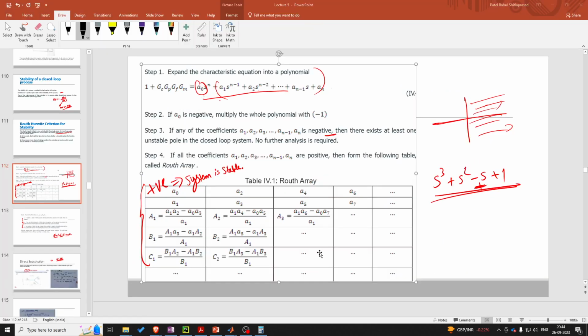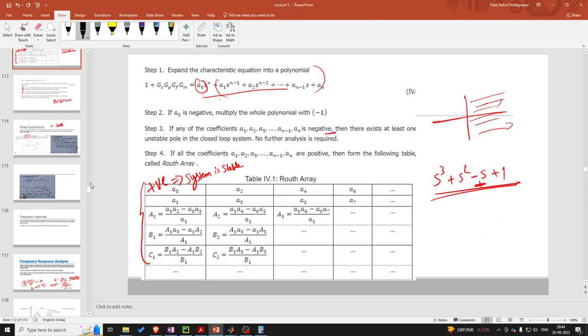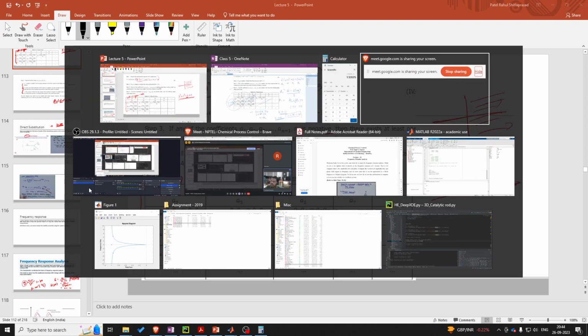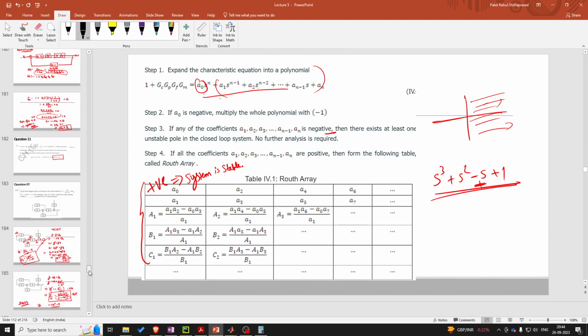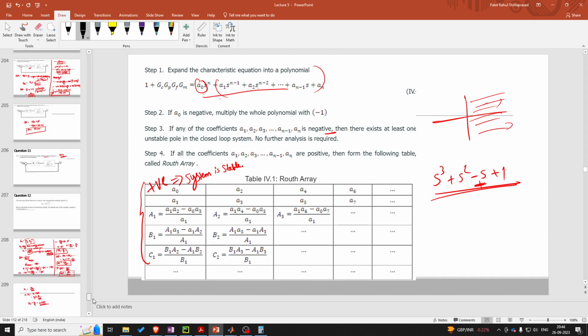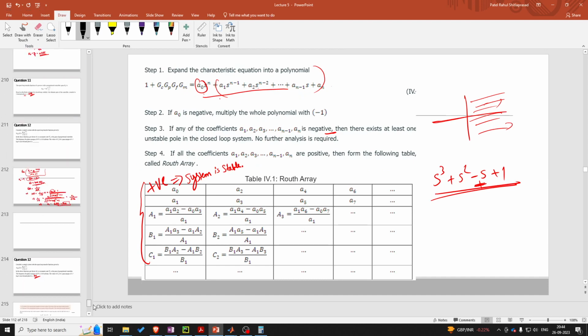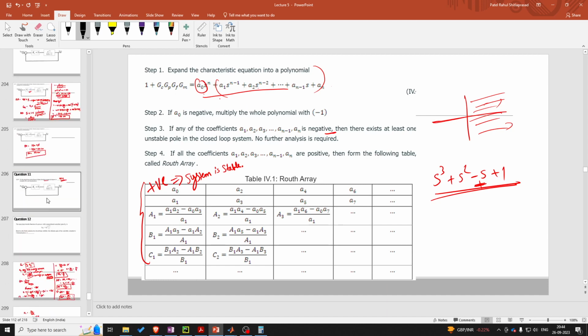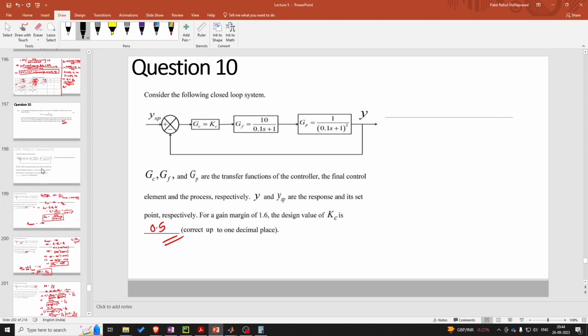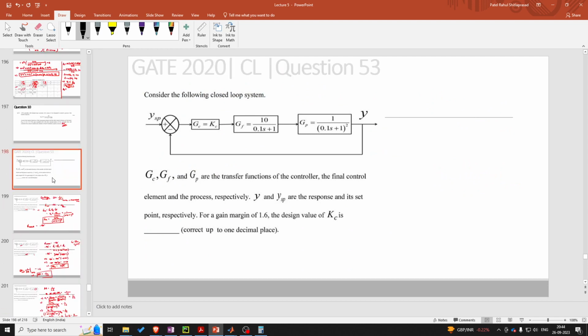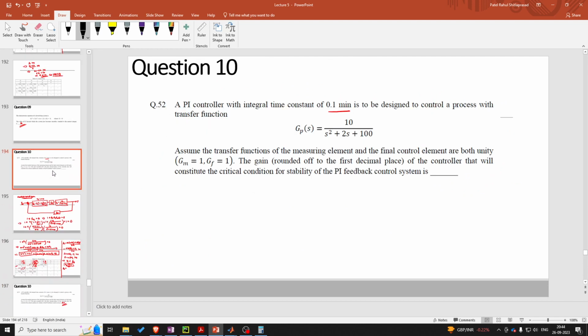Now if we look at the options given in the question, what was the question that we were solving?